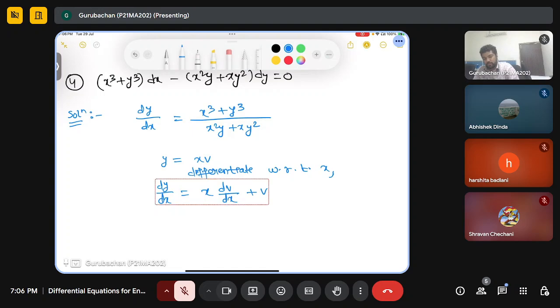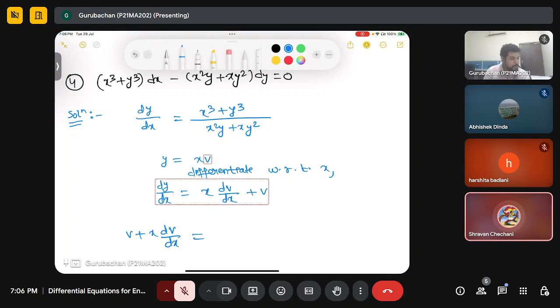Since you got this one, from here this will be the equation, one will convert v x dv by dx. Sir, is the answer y by x plus ln x minus y is equal to c?